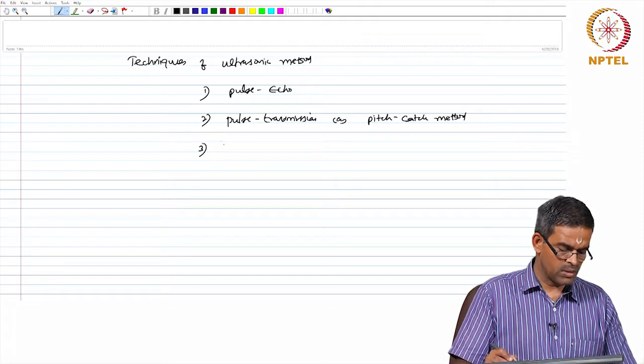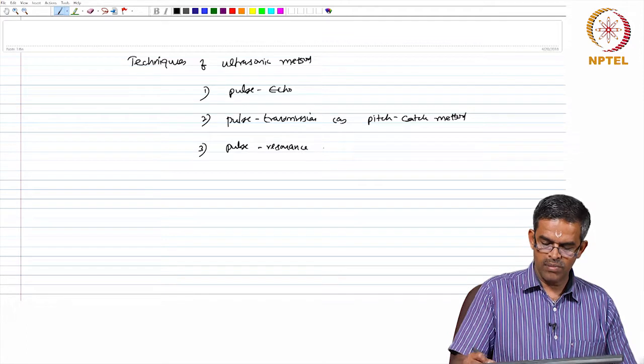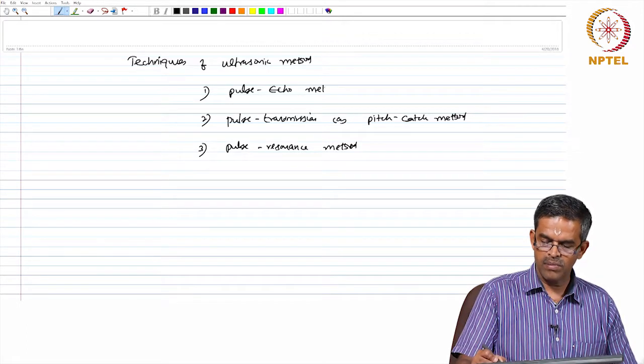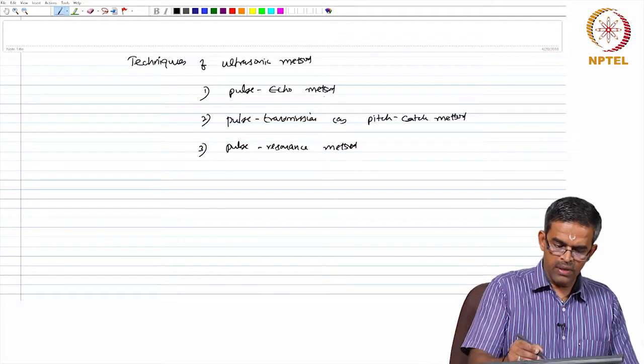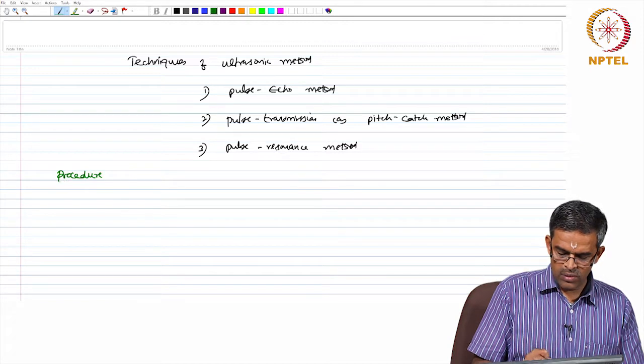The third one is pulse resonance method. Let us quickly see what is the procedure followed in these methods.